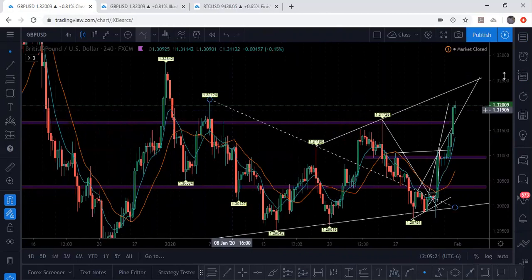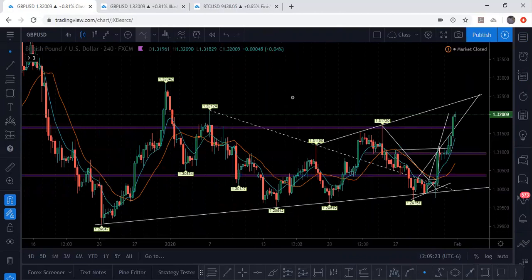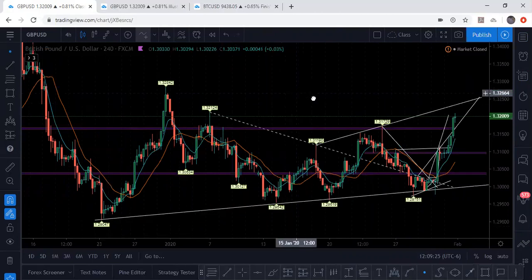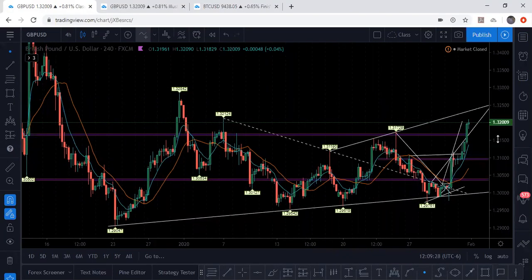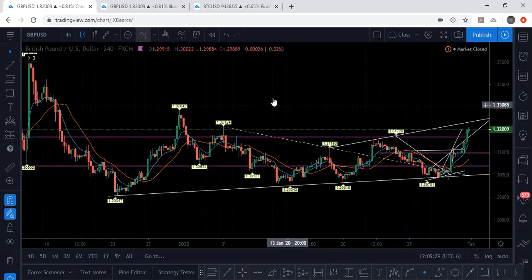So when I want to mark up my chart, let's start with GBP USD. The very first thing I do is either mark it up on TradingView or MT4. But because I'm trying to give people information and educate people, I prefer TradingView.